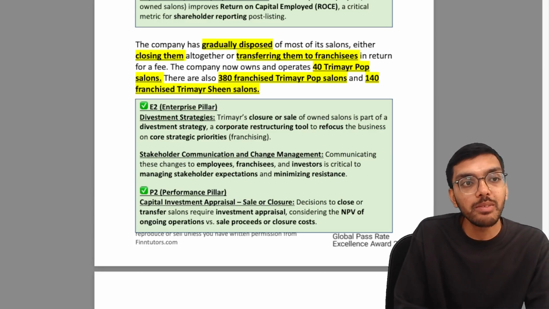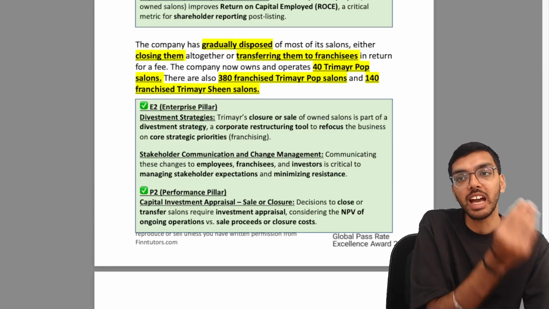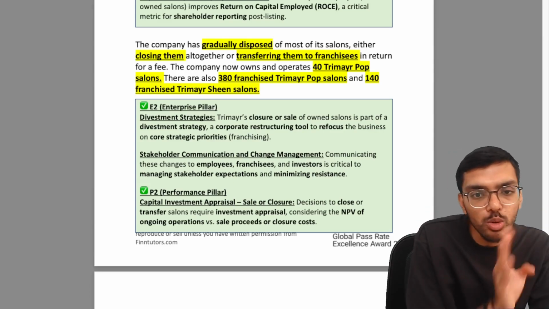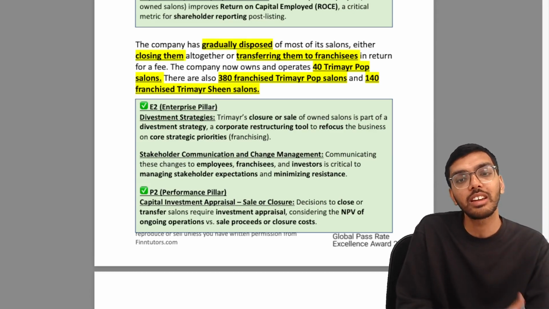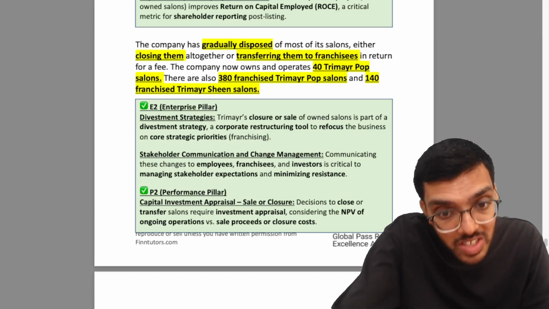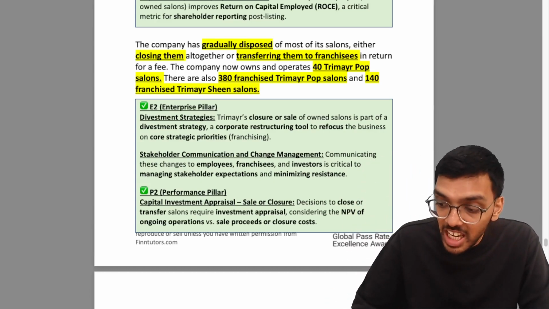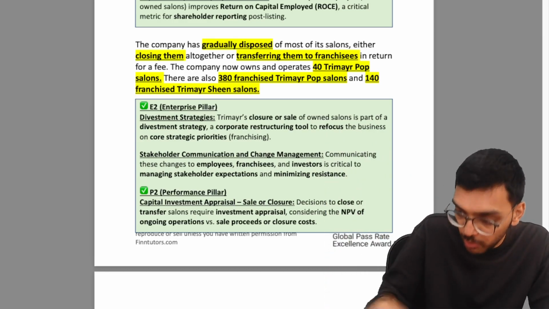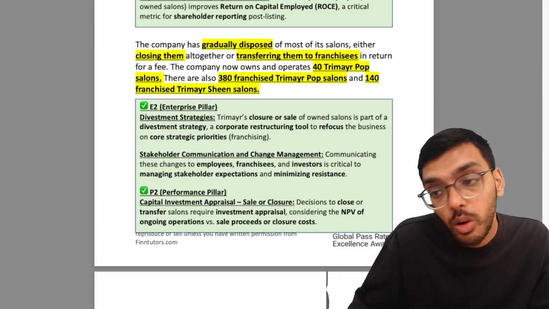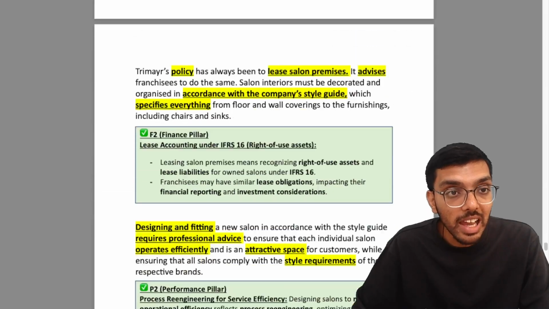So we need to make an investment appraisal using the NPV method. If you haven't revised NPV, IRR, ARR, payback period, discounted payback period, they can use any investment appraisal to raise that question. You will not be able to answer. And I'm giving you the scenario over here for discussion, where you need to consider the NPV of the ongoing operations. If you continue owning, what is your present value? If you sell, what is the value that is being offered? That consideration will have to be made.